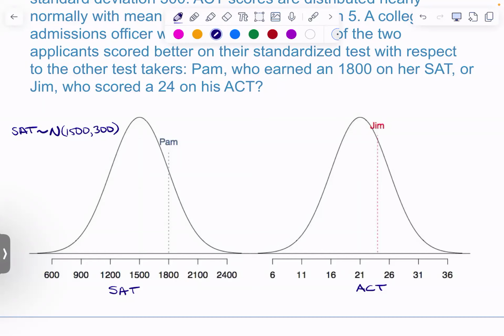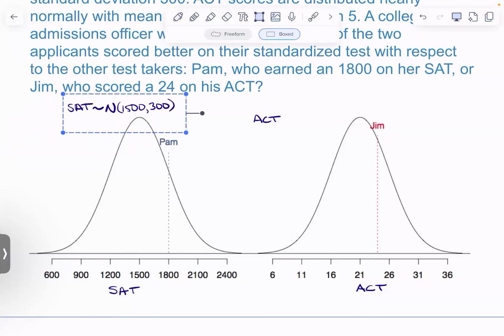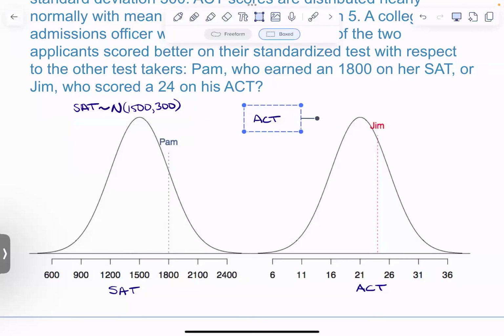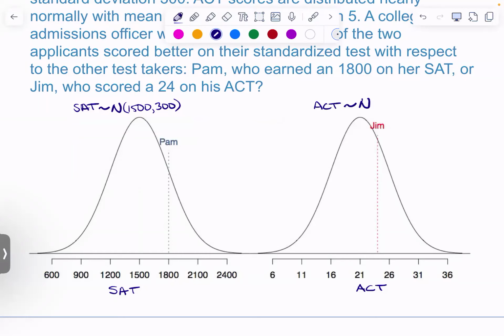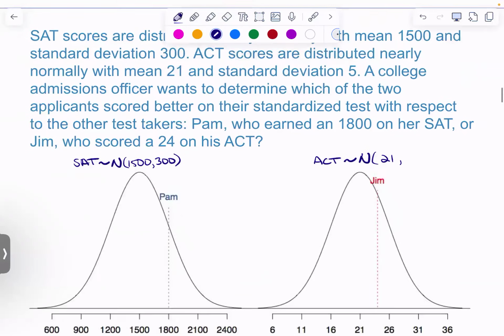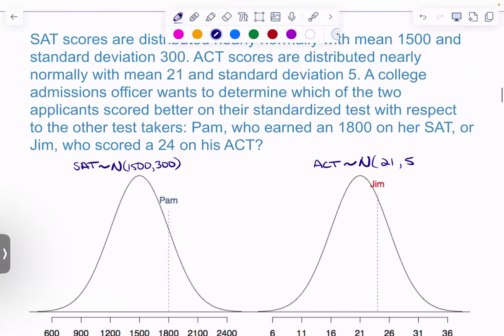And the ACTs also followed a nearly normal distribution, but they were centered on 21 with a standard deviation of 5.